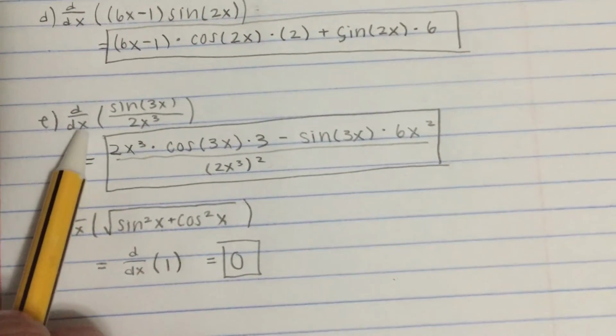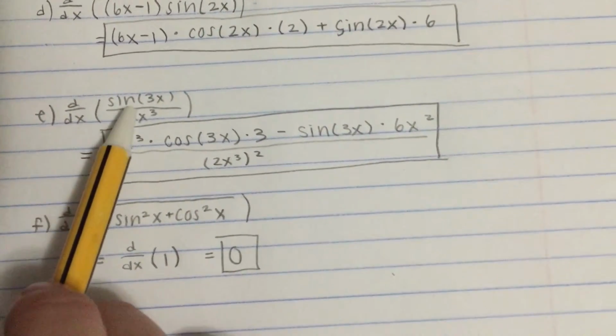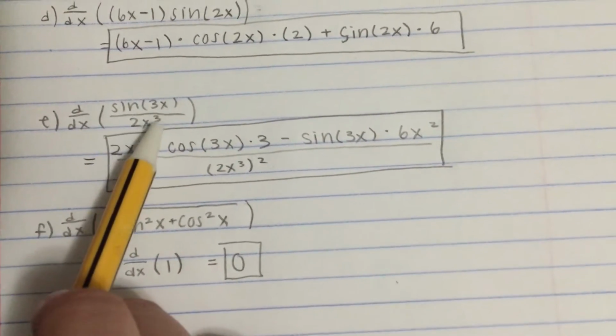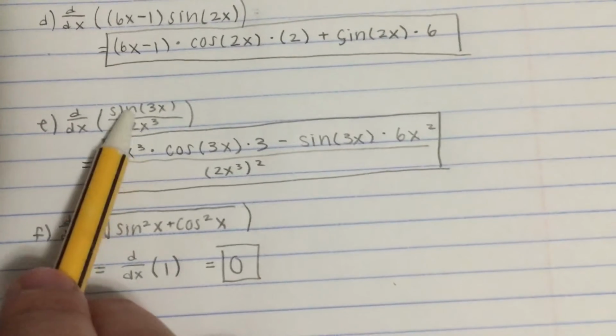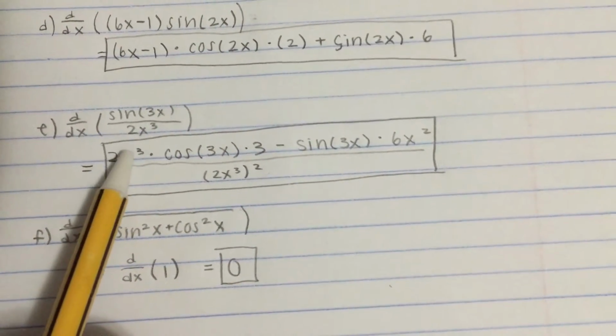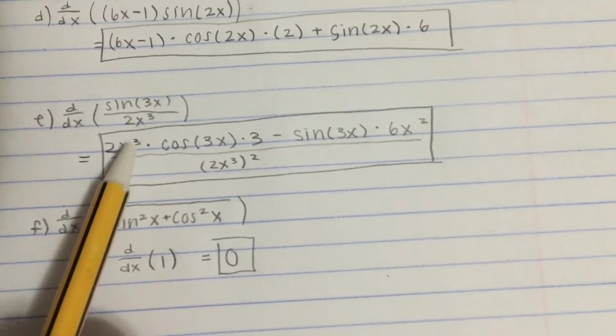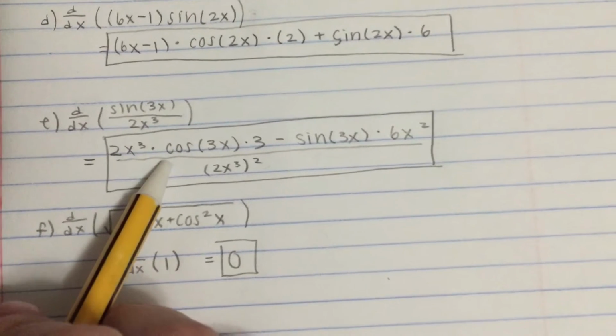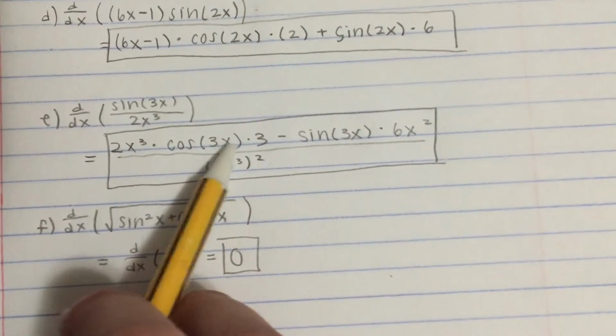For E, it's d/dx of sine of 3x all over 2x cubed. And I use a quotient rule for this again. So it's the low, 2x cubed, times the derivative of the high, which is cosine 3x.